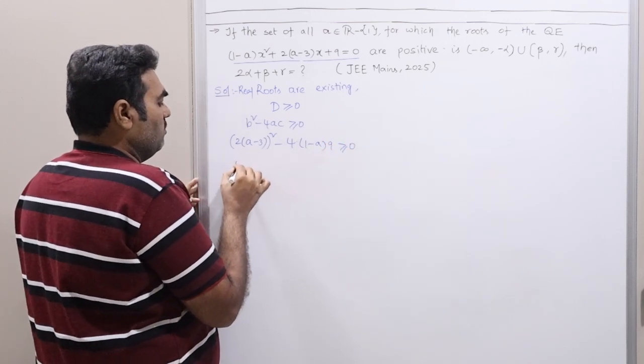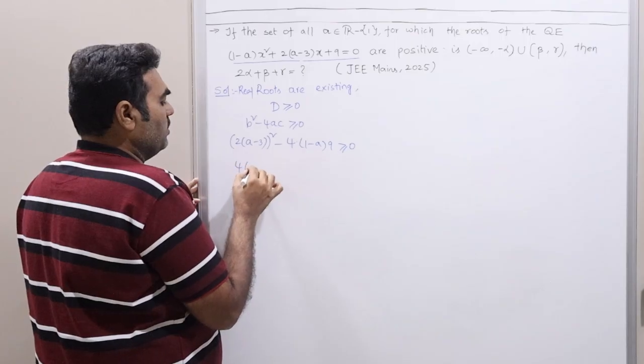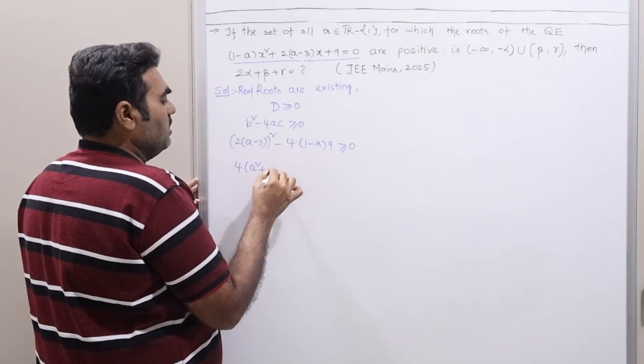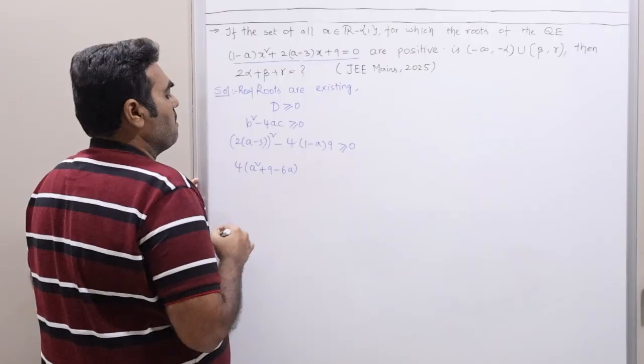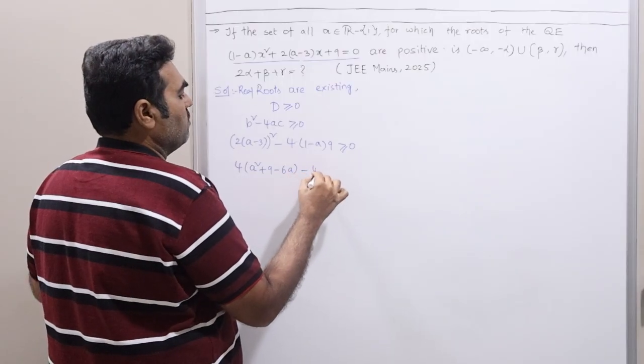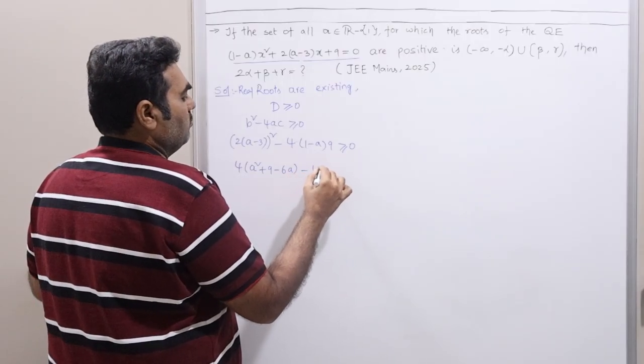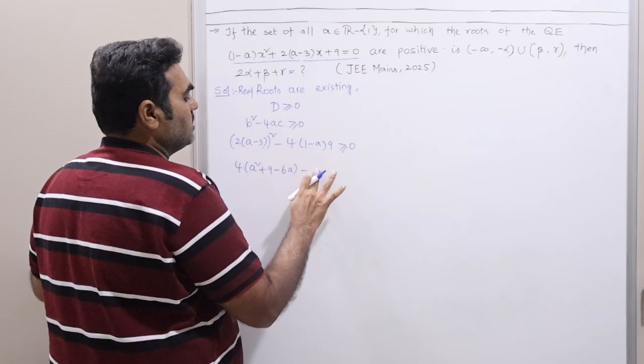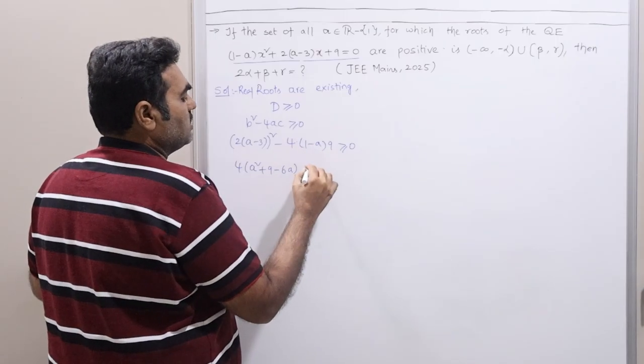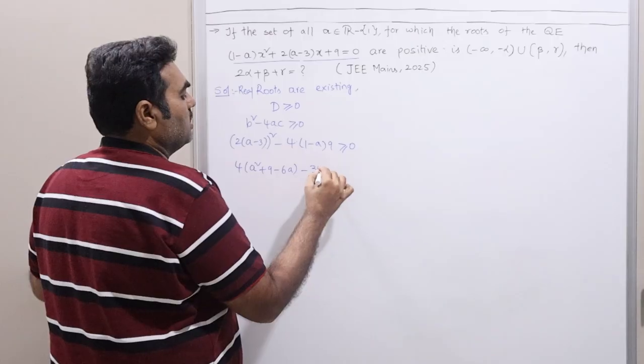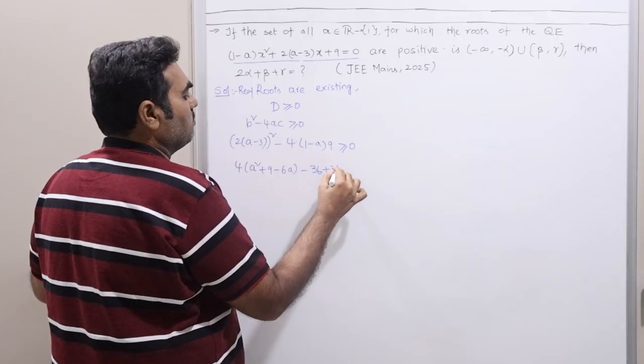And here you have 4 into (A squared plus 9 minus 6A) minus 4 into 9, 36, minus 36 plus 36A.